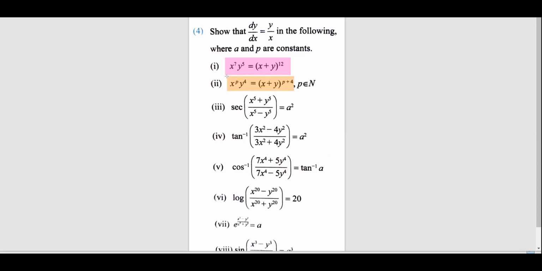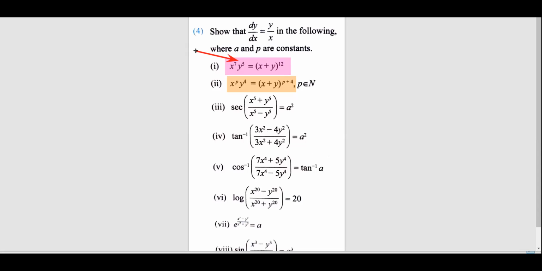If you observe this question here, you will notice that it is similar to the previous one. In the previous one, the powers of x and y were numbers 7 and 5. They are natural numbers, and on the other side you have 7 plus 5, 12.